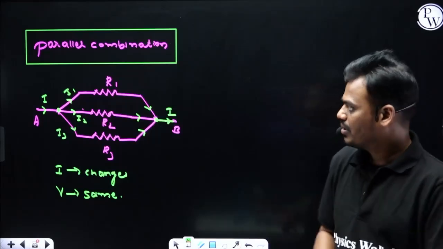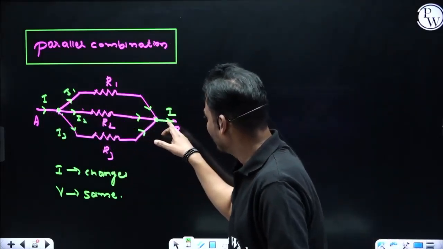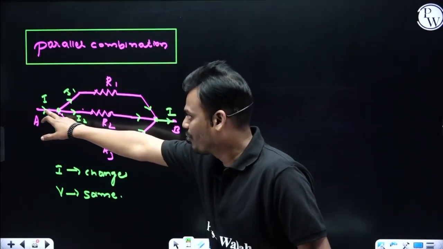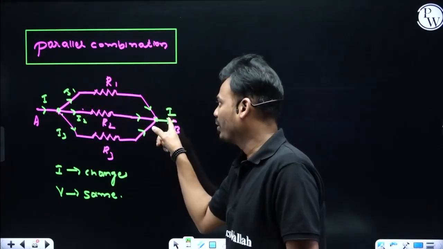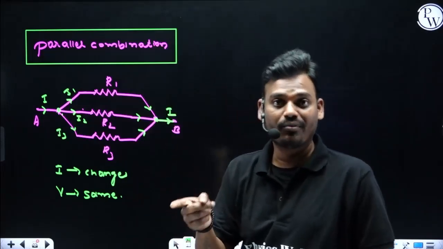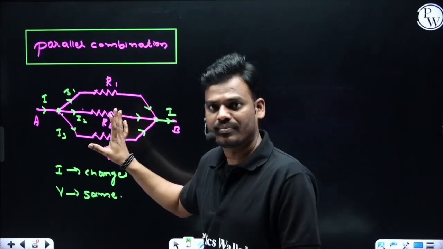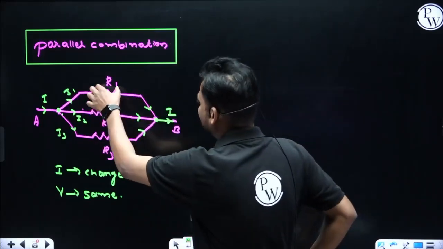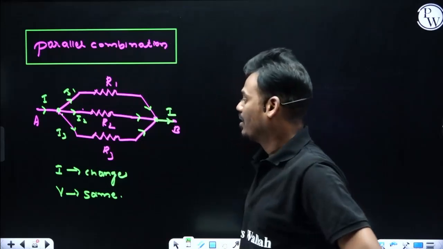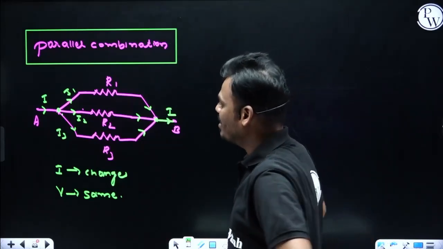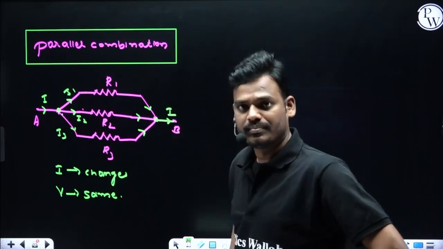Getting the point? Don't get confused between 2 terminals. Whatever current is coming in and whatever current is going out, for example here 4 ampere, here 4 ampere, if it is the same, then the potential difference is the same. But in between, the current is dividing. Therefore, the potential difference across R1, R2 and R3 remains the same, while the currents I1, I2, I3 are changing.